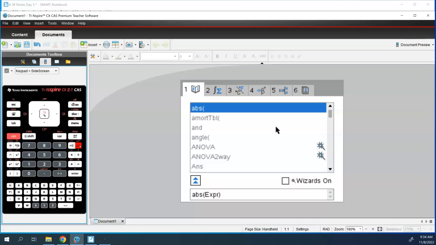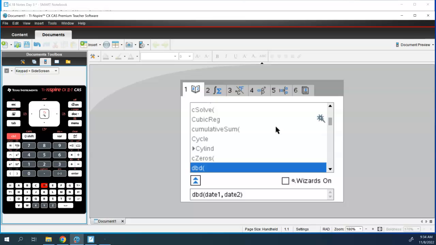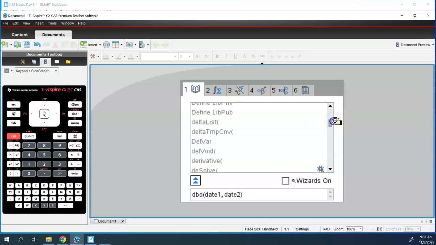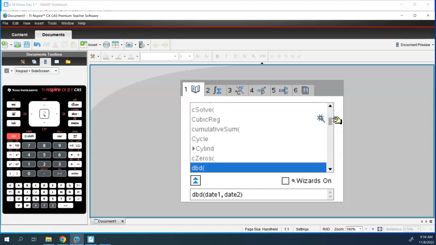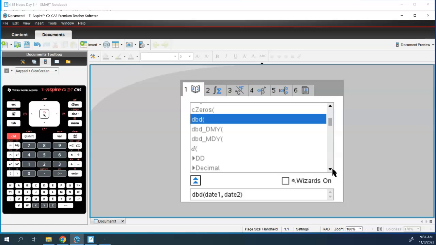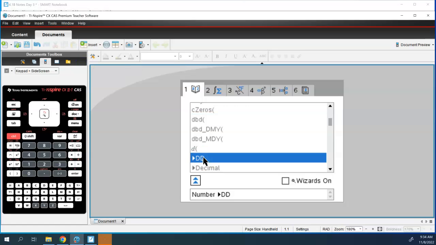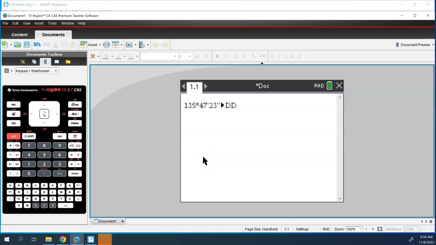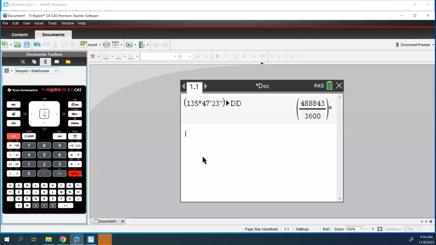If I type in just D, that'll get me down to the D's. And then I want to go to, come on now, this one. DD stands for decimal degrees. And then when I hit enter, whoa, it went exact for me. There's my 135.79.